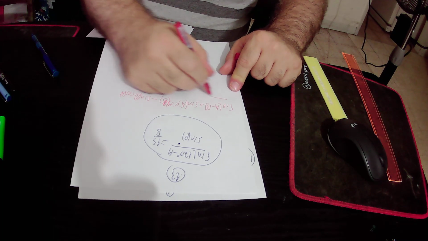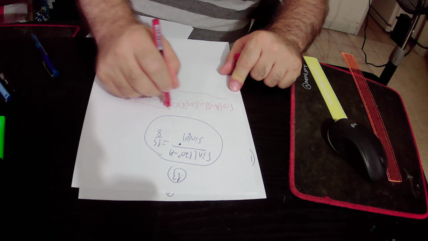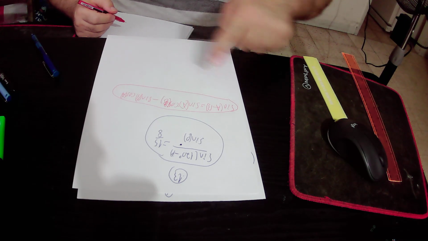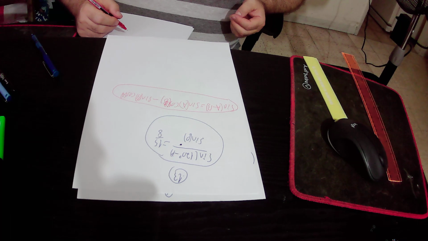So we'll find out the value of sine 120 degrees minus P according to this trigonometric identity.